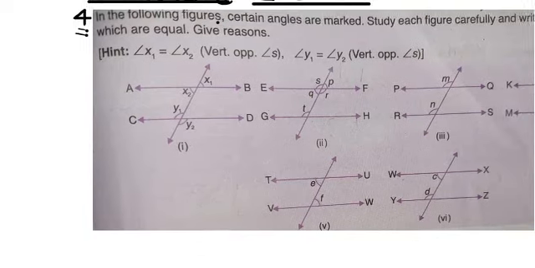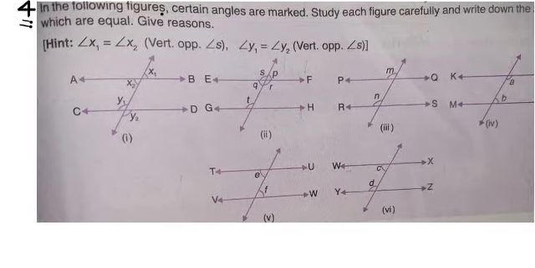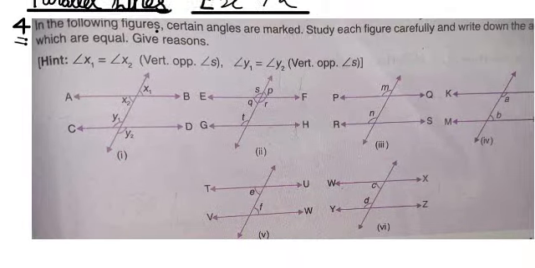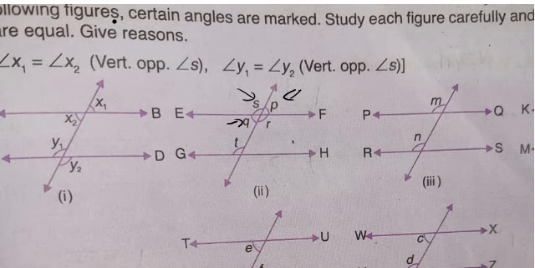The second figure, I'll skip the first one because the answer is already written. For the second one, let's look for the vertically opposite angles first. Q and P are vertically opposite angles, S and R also are vertically opposite angles. Then we can see that T is another angle, but it is not a vertically opposite angle.